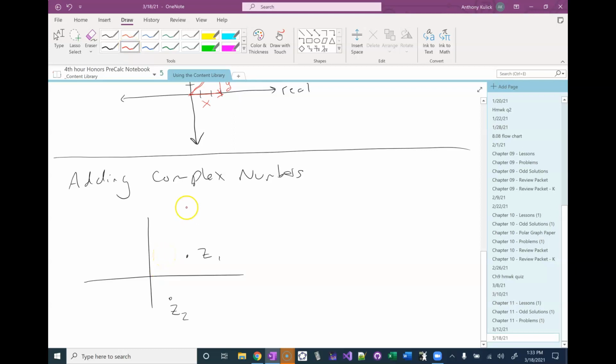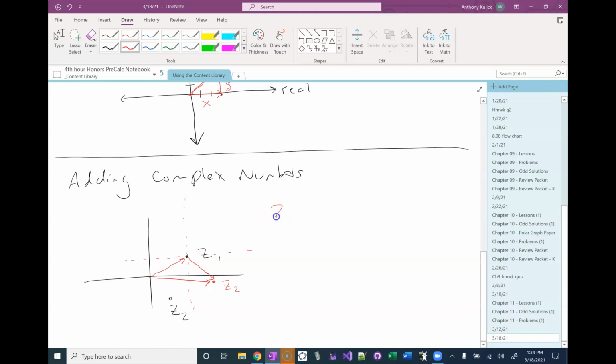I'll do this the same way that we would for a vector. I'll draw another imaginary axis there, and I'll plot Z2 relative to that, so it's like tip to tail. This is the same thing that we did when we added vectors, right?